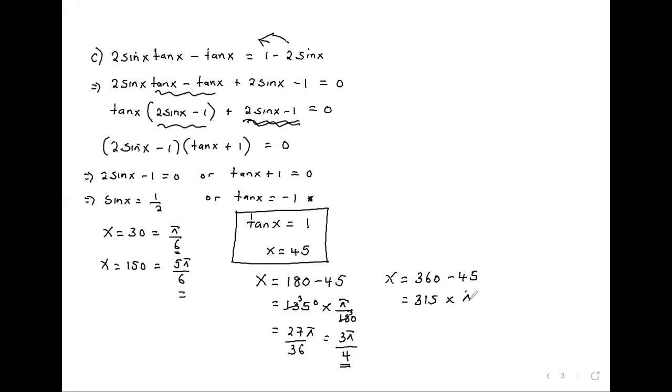Then we convert it with pi over 180. We use 5 into 30, that is 6, remainder 1. 5 into 15 is 3.